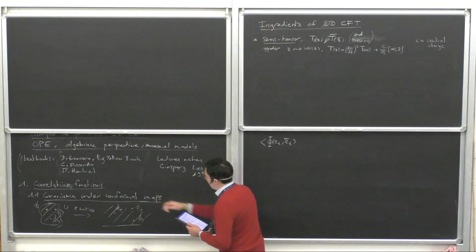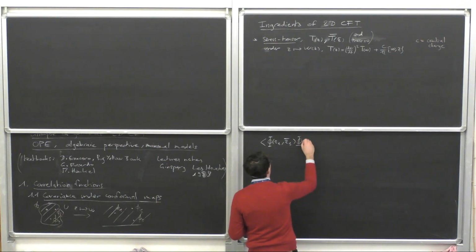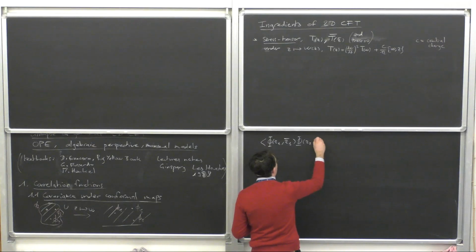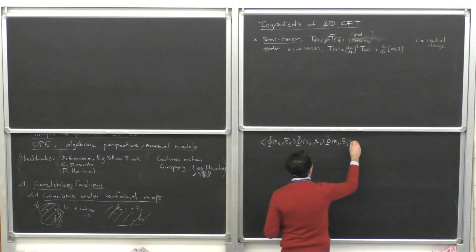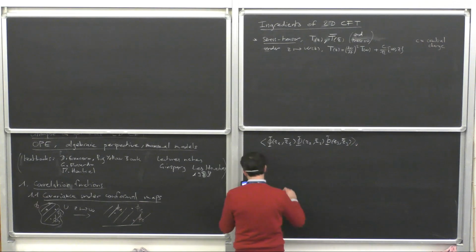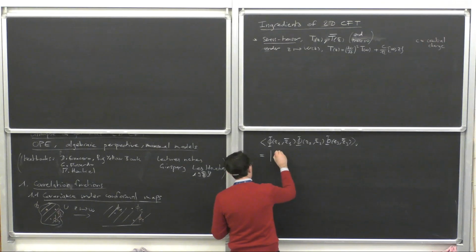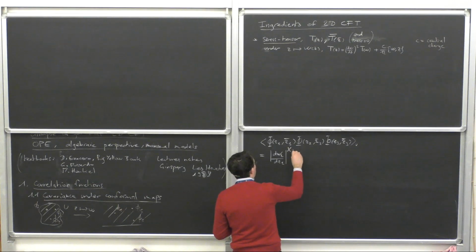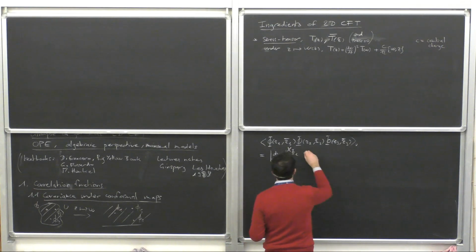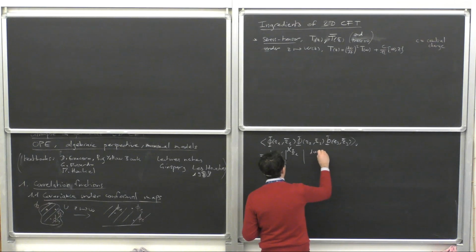This is the correlation function on the left, so it's in the domain U. And this should be equal to the mod of the Jacobian to some exponent, that is the scaling dimension of the field, times this.